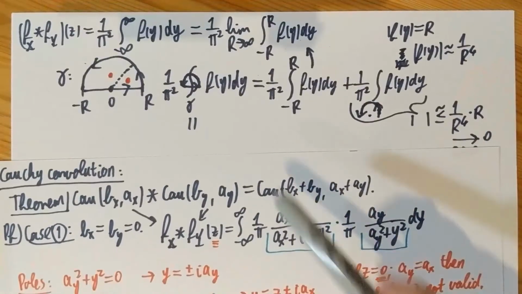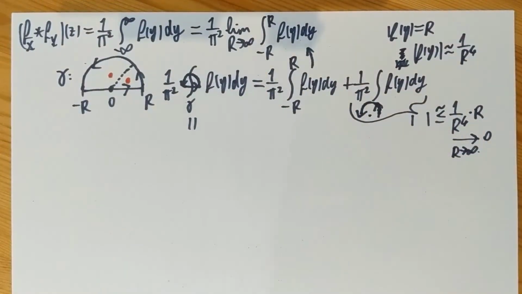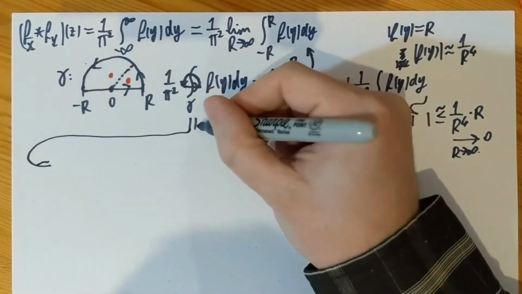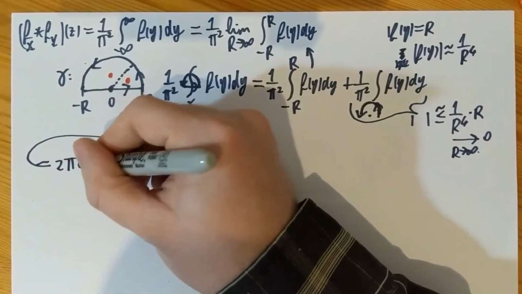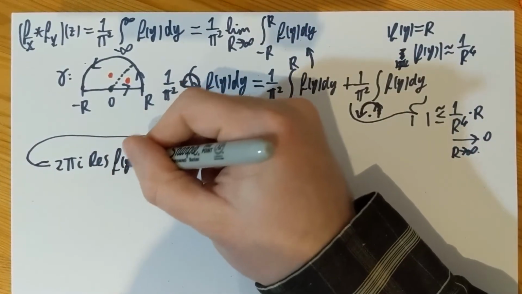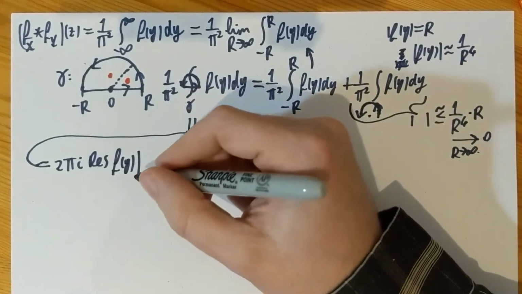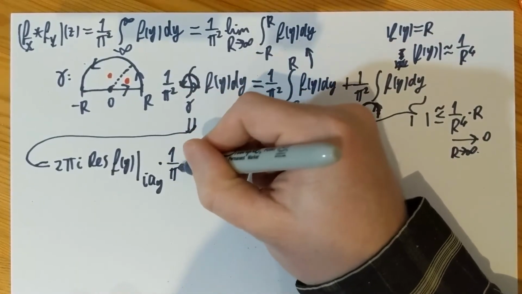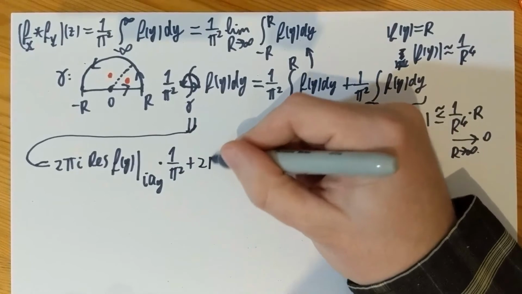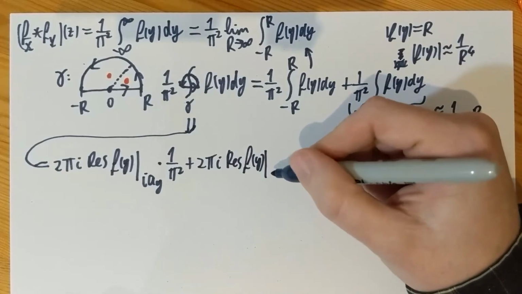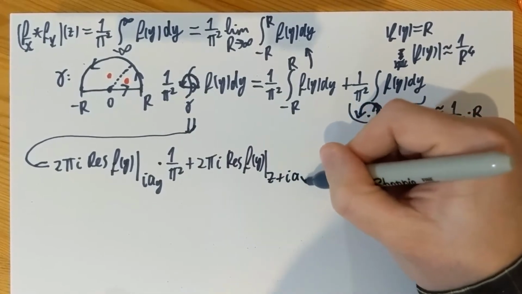The contour integral is only taking a contribution from the residues, and so this is going to be 2 pi i, the residue of f at y equals iay, and let's not forget about the 1 over pi squared, and the residue of f at the other pole, which was z plus iax.